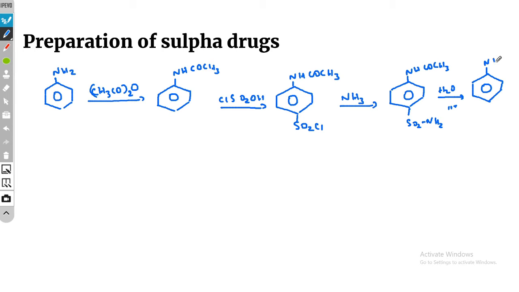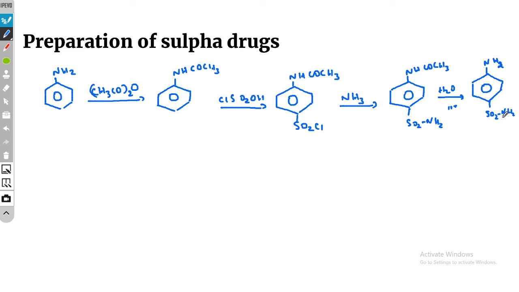Here NH2, and here SO2NH2. This is the group that causes the action of the sulfur drug.